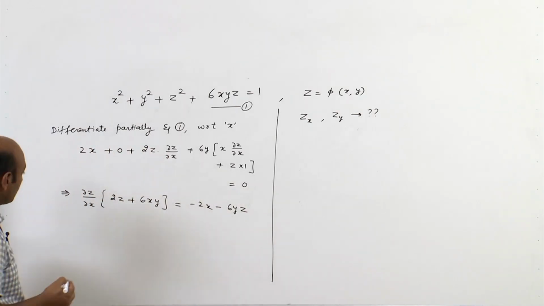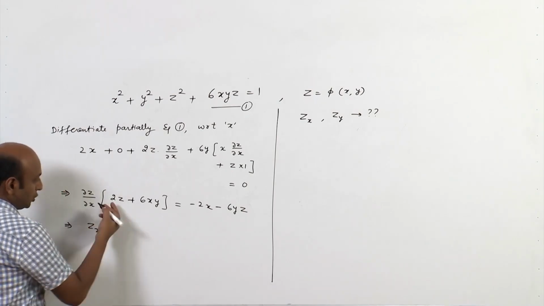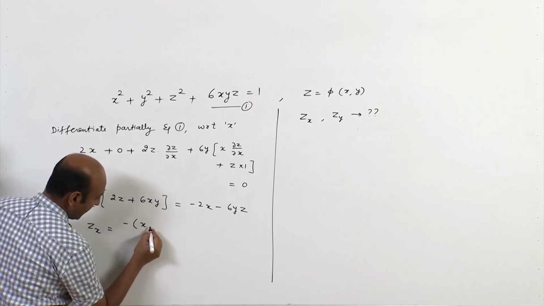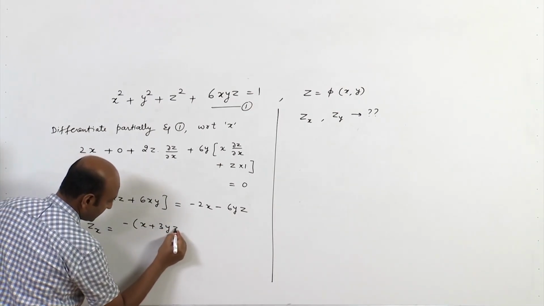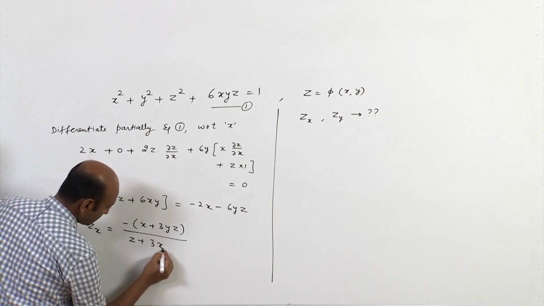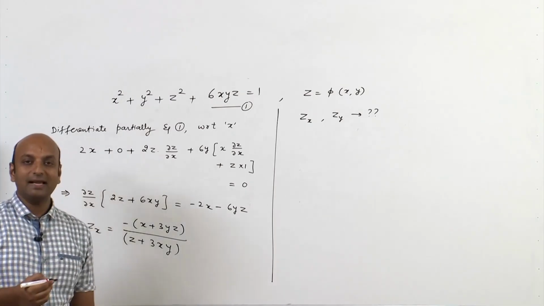Okay. So, this implies zx is equal to, you can cancel 2 from both the sides, so it is minus of x plus 3yz upon z plus 3xy. So, this is del z upon del x.